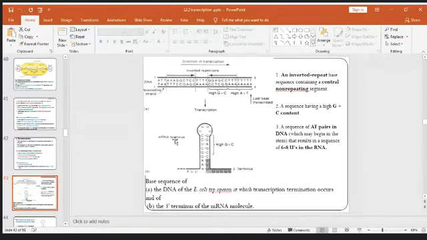Another is a sequence having a high G+C content. Then a sequence of adenine-thymine pairs in DNA may begin in the stem, and that results in a sequence of 6 up to 8 uridines in the RNA, at the 3' end, which you see in the diagram. When this comes, we can call it an intrinsic termination process signaling.